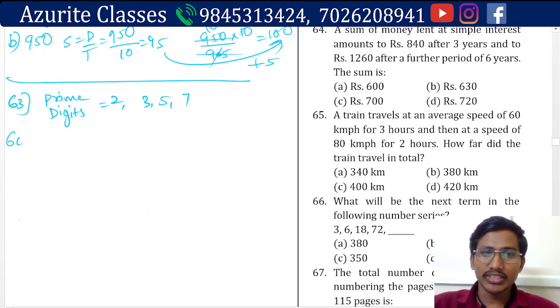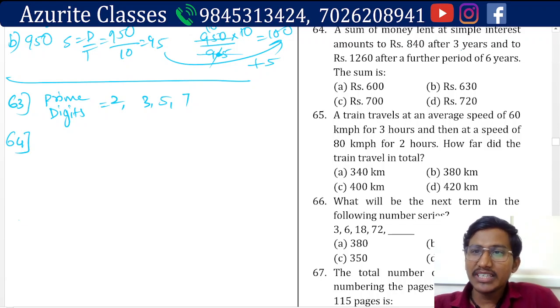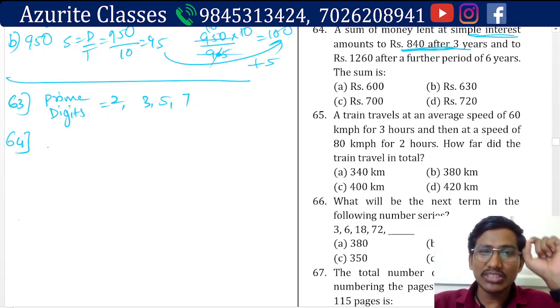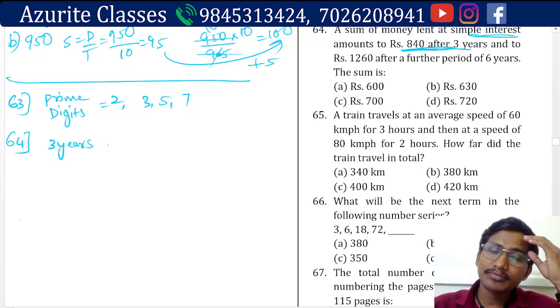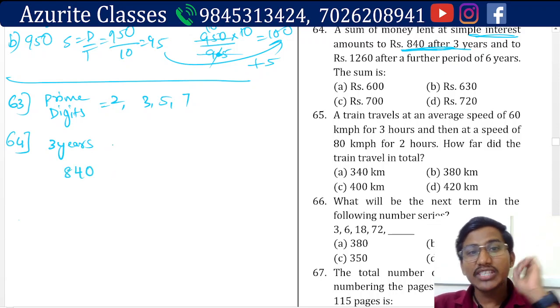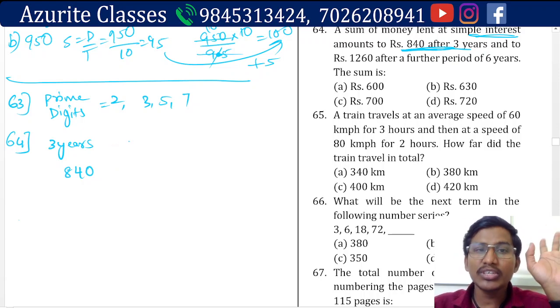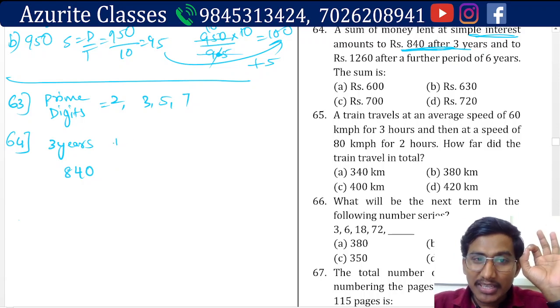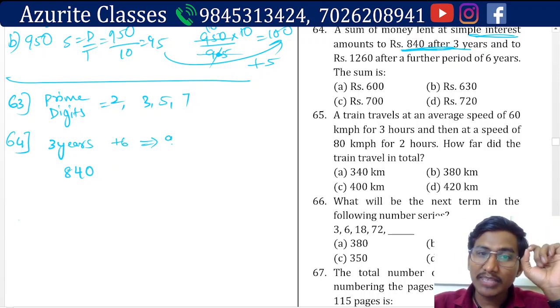So for 64, the sum of money lent amounts to 840 after 3 years. Then 6 more years means plus 6, so it will become 9 years.